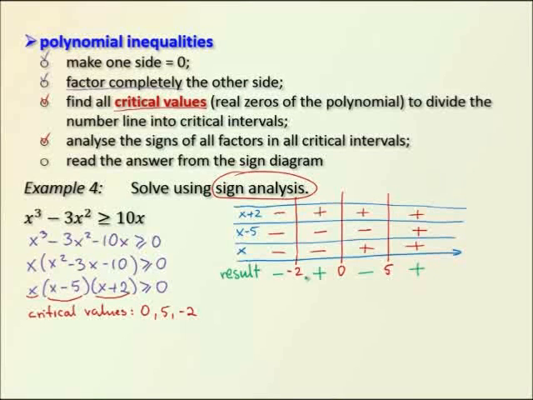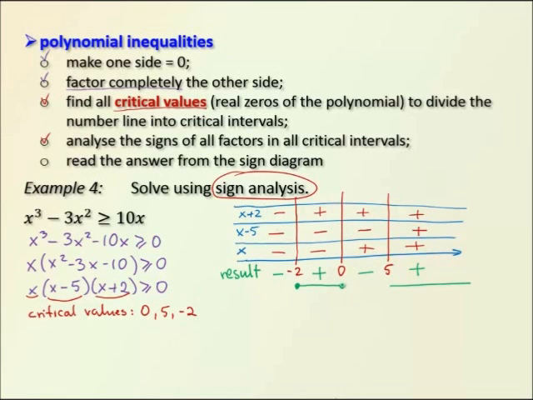Okay, let's come back to the inequality. The inequality asks us when this whole polynomial is bigger or equal to 0. Well, it's definitely bigger than 0 here and over there because we see positive. We also need to check the endpoints of each interval. Since the equality is allowed, then we can actually take the endpoints.